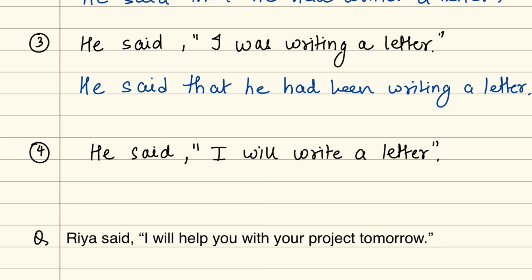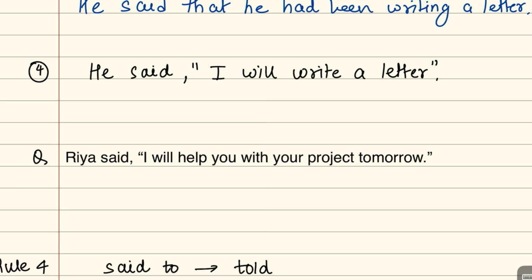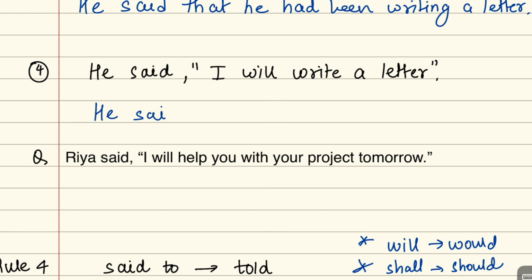Next one is, he said, I will write a letter. And yes, I just forgot to mention that will changes to would, shall changes to should. Keep this in mind, okay? He said that he would write a letter.